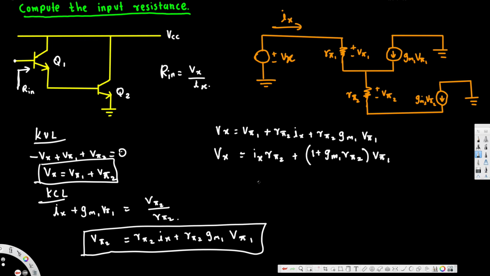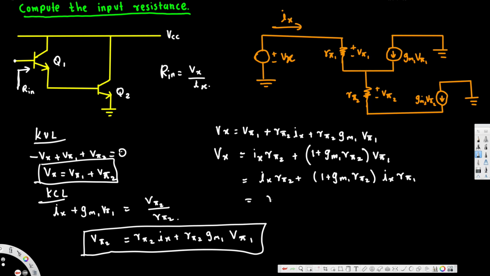instead of V51, now we can do one more thing, because we want to take Ix common. In that way we can easily take this Ix out. So Ix R52, instead of this V51, as I mentioned before, we can write it as Ix times R51. In that way we can take Ix common.